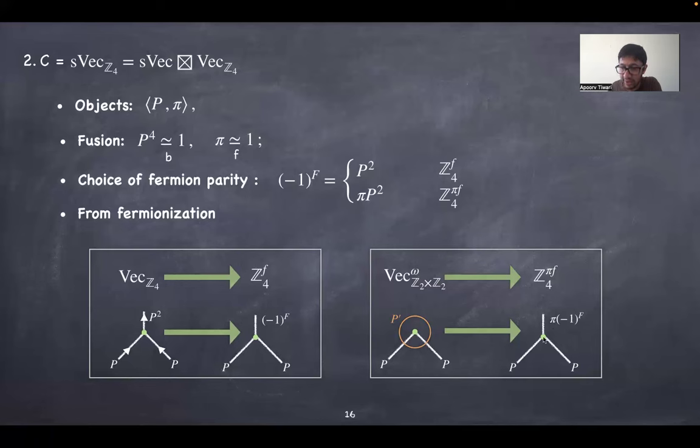So I could think of this as a fermion at the end of (-1)^F, or I could think of this as a boson at the end of π times (-1)^F, which just implies that (-1)^F is πP squared. So there are two ways to get a Z4F kind of symmetry using two different categories that are Morita equivalent.